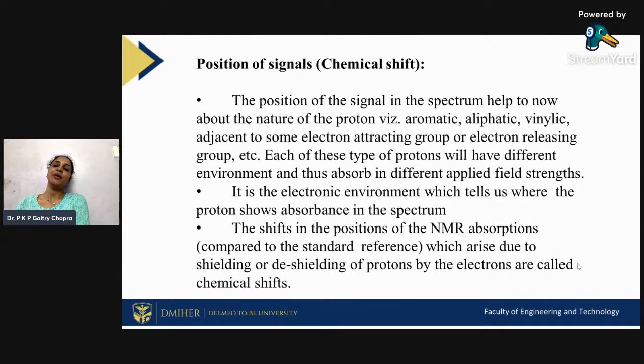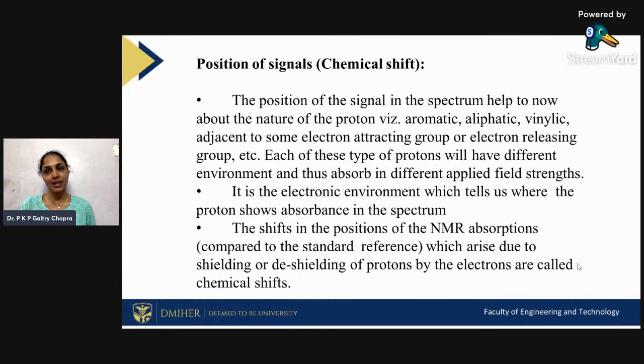Now we come down to a very important term in NMR, that is the chemical shift. So what basically is chemical shift? We have seen the spectrum in which the signals of various nuclei are shown, and the position of these signals. Where you obtain a particular signal will help you to understand the nature of the proton.